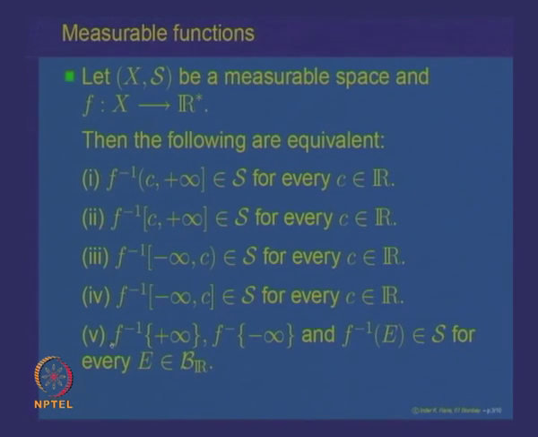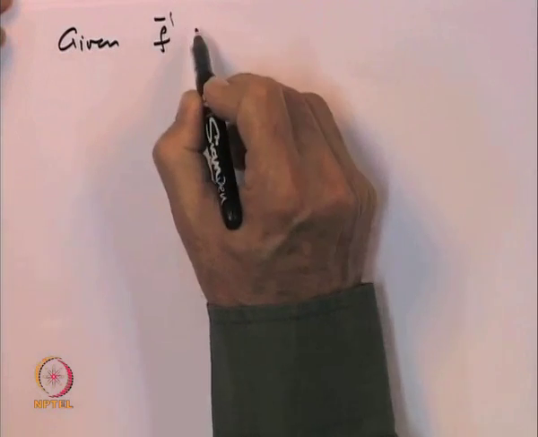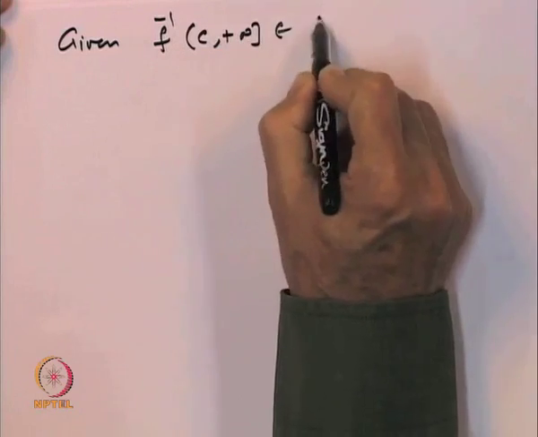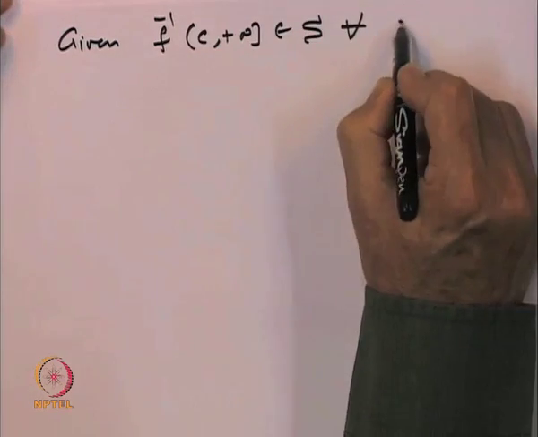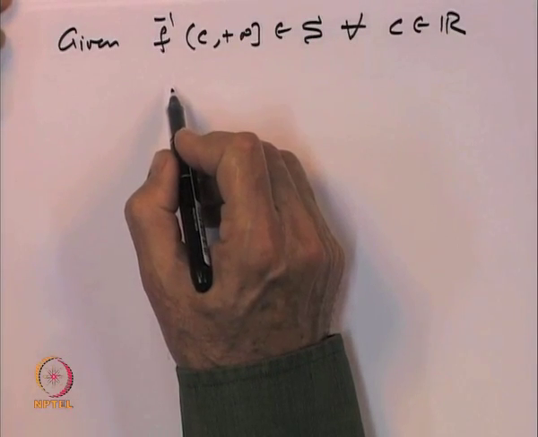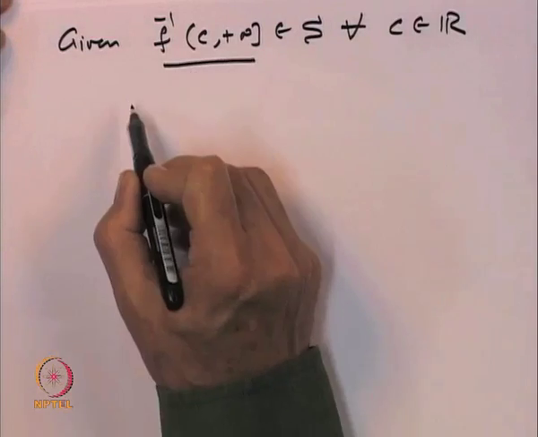So, the first property is, we are given that f inverse of (c, plus infinity] belongs to S for every c belonging to R, and we want to prove the same property for the closed interval. Keep in mind what f inverse is.